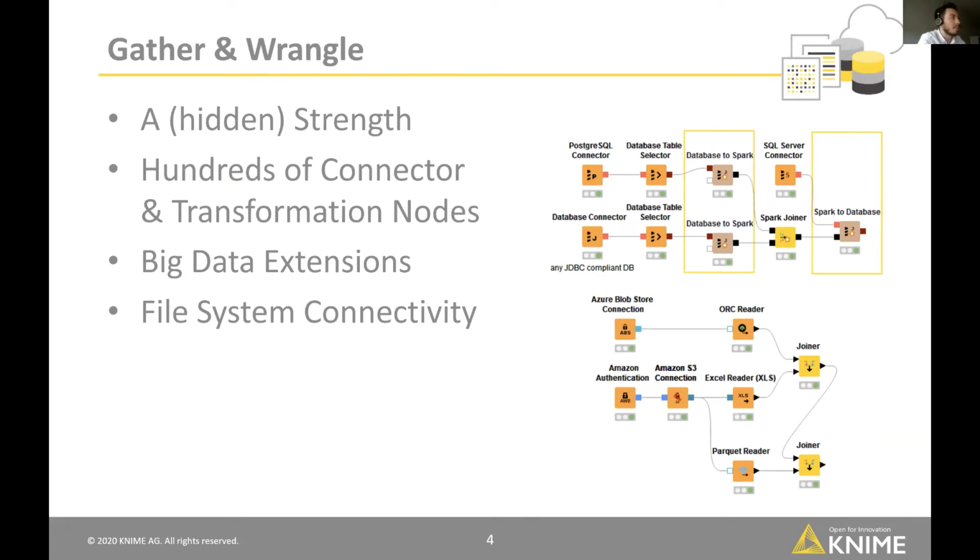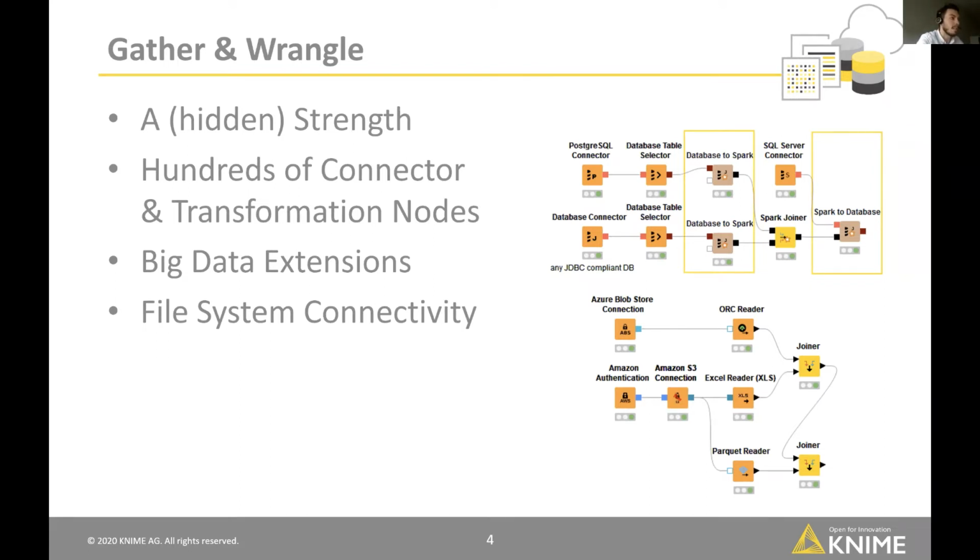So this is just to sum up all the different functionality and all the different steps that are involved in a data science project, and where KNIME can help in each one of those steps. First of all, in the gather and wrangle step, we have a number of nodes that can help you connect to databases.